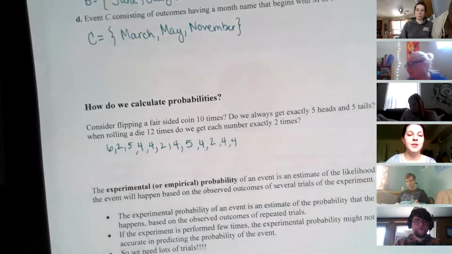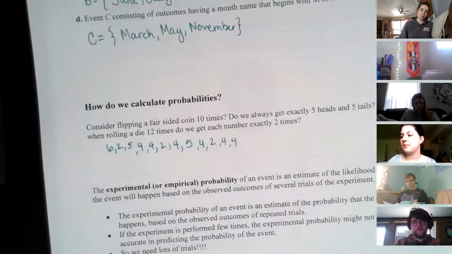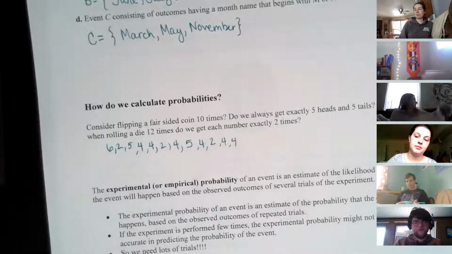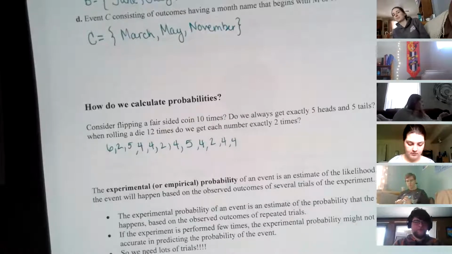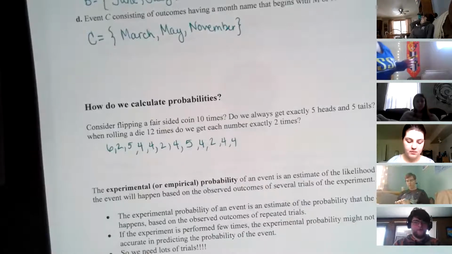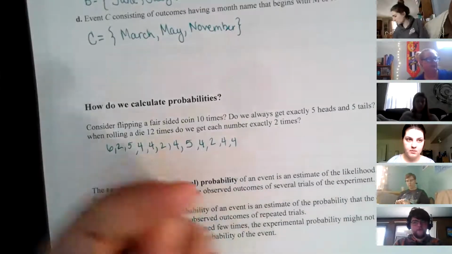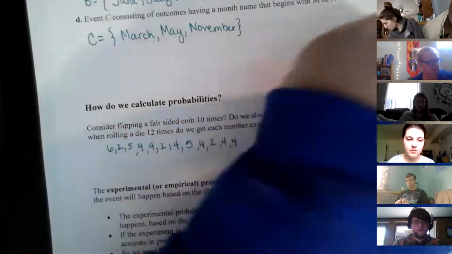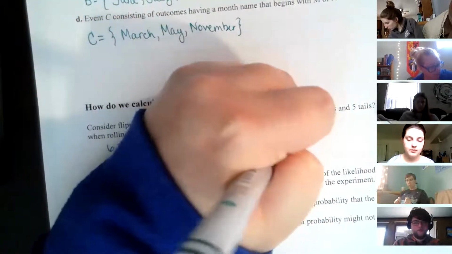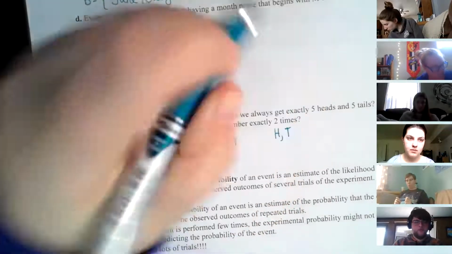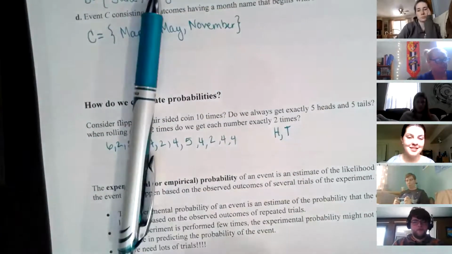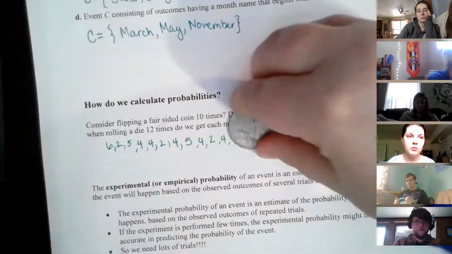What about flipping a coin? Let me get a coin. Okay, so let's look at flipping coins. That's a heads, tail, heads, tail.